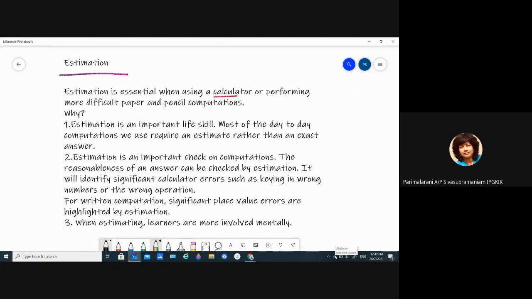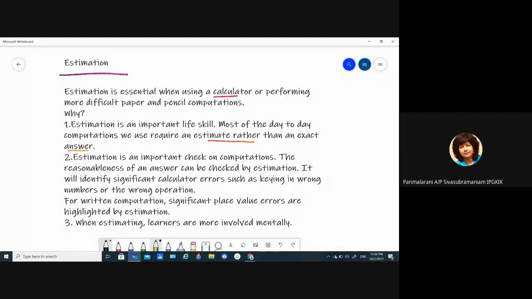Why? Because estimation is an important life skill. Most of the day-to-day computations we use require an estimate rather than an exact answer. Is this true or not? In your daily life, when do you use estimation to calculate? Can you give me some examples? You never use estimation?